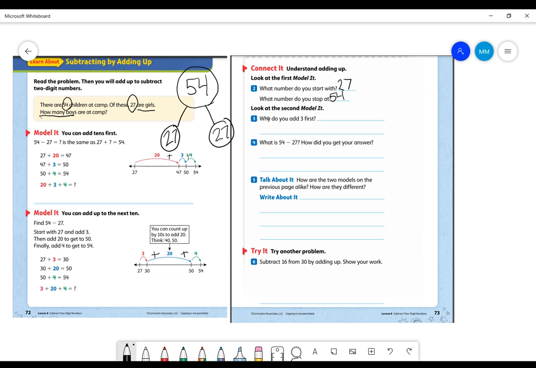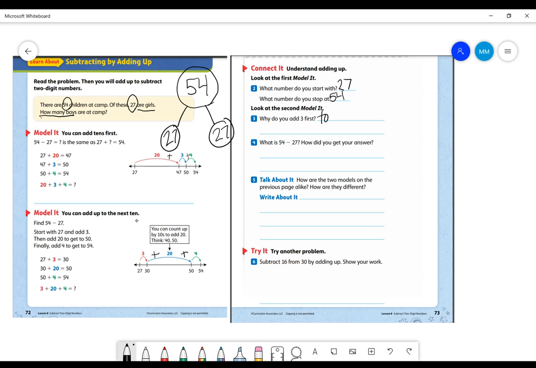All right, let's look at number 3. It says, why do you add 3 first in the second model? Why did we add 3? What did it tell us that we could do? We could add up to the next 10. So why do you add 3 first?